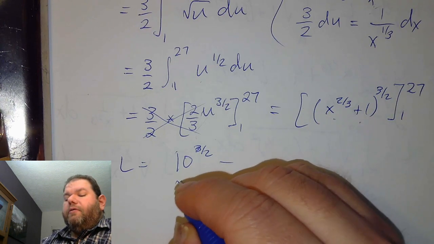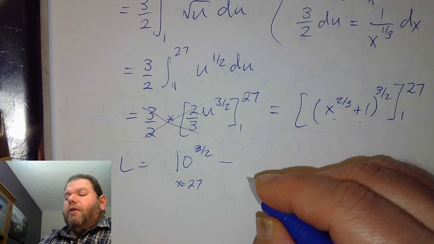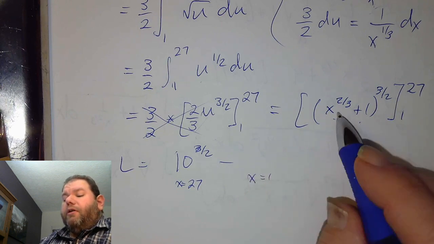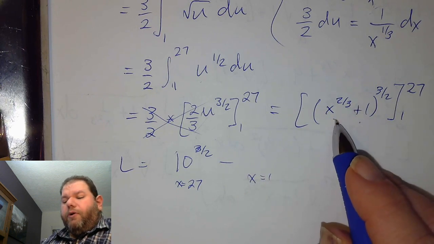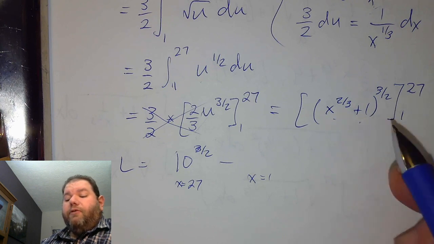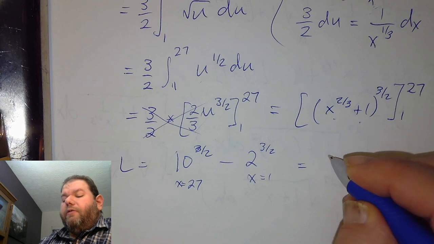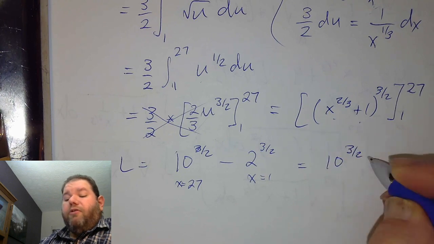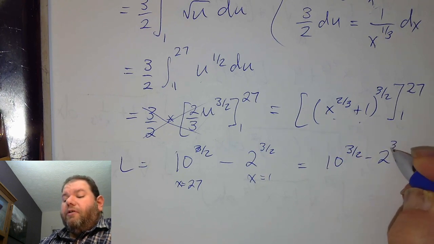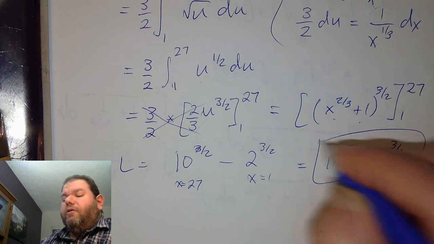Minus, if we plug in x equals 1, now 1 to any power is 1, plus another 1 makes 2 to the 3/2 power, and so that is really all that we can do with our length.